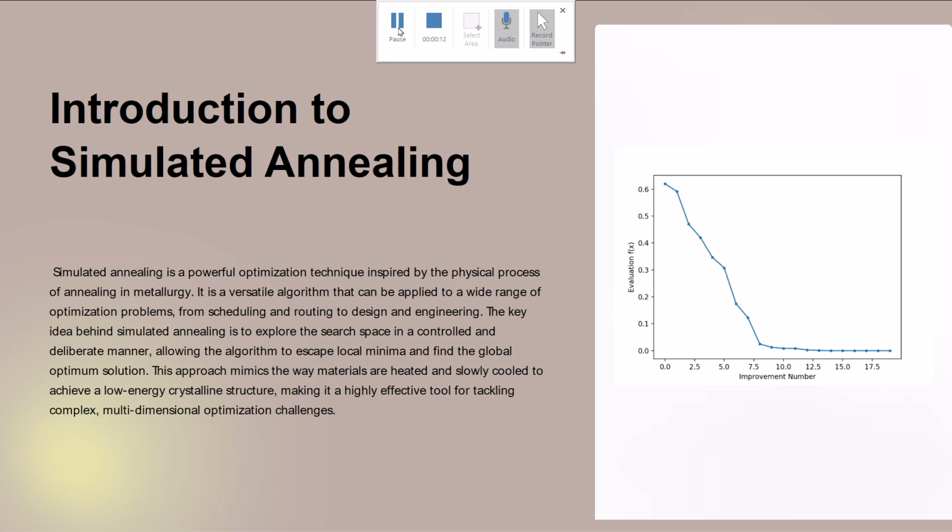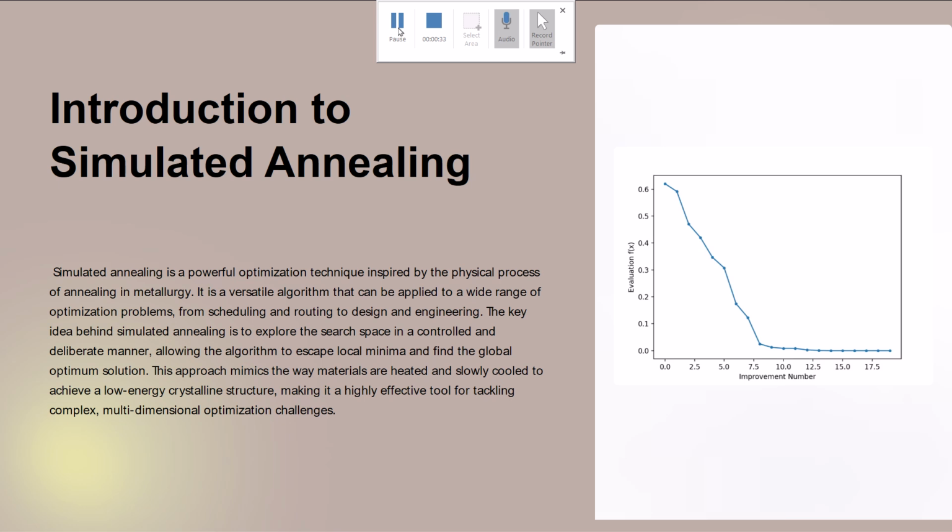Simulated annealing is a powerful optimization technique inspired by the physical process of annealing in metallurgy. It is a versatile algorithm that can be applied to a wide range of optimization problems, from scheduling and routing to design and engineering.